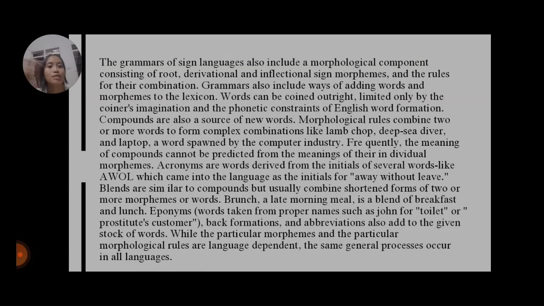Blends are similar to compounds but usually combine shortened forms of two or more morphemes or words. Brunch, a late morning meal, is a blend of breakfast and lunch. Eponyms are words taken from proper names, such as john for toilet or a prostitute's customer. Back formations and abbreviations also add to the stock of words.